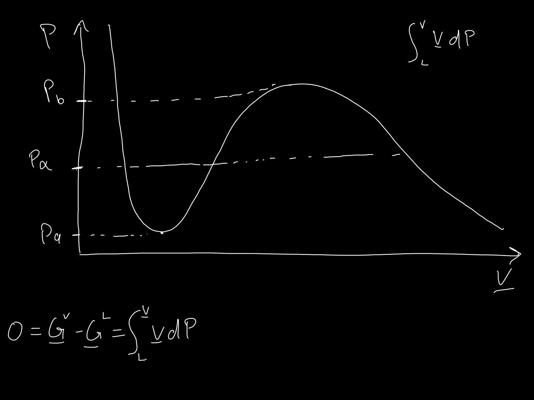So this pressure alpha is our guess of what we think the vapor pressure of the system is. Right, because if we know the vapor pressure, we can calculate basically what temperature it's at, and we know what the density of the two phases are.